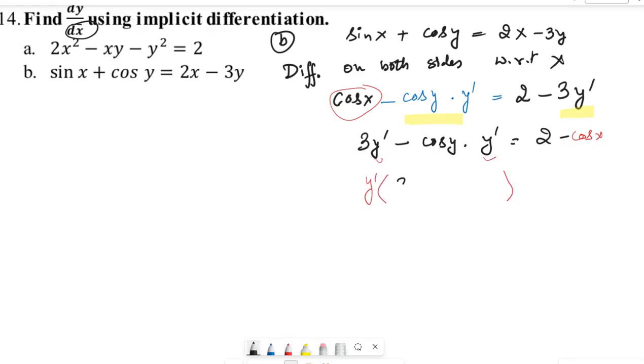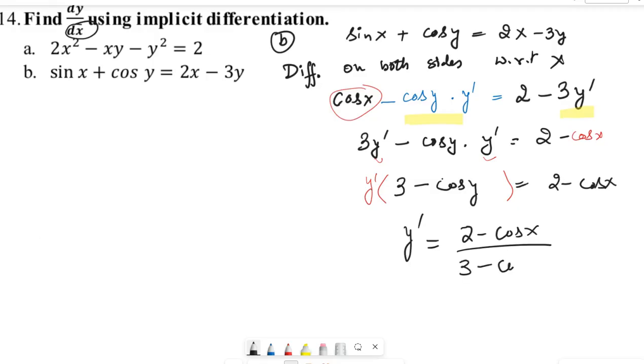It's common in both of them. So y prime times 3 minus cosine y is equal to 2 minus cosine x. So basically y prime becomes 2 minus cosine x divided by 3 minus cosine y. That's the derivative of y if the second equation is given.